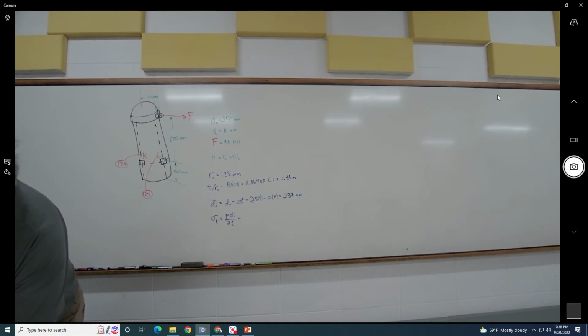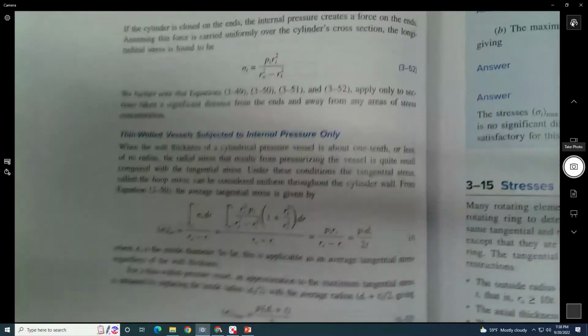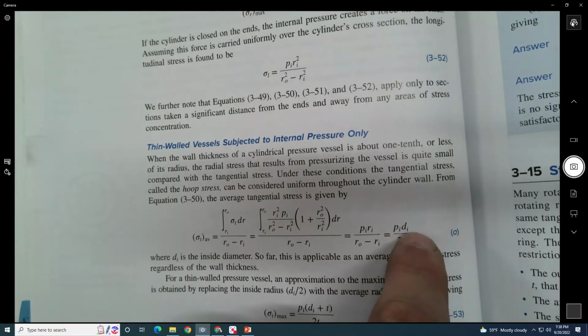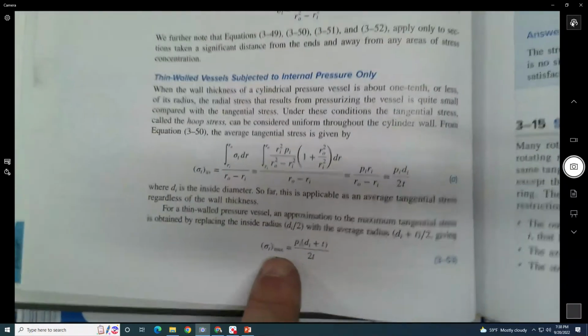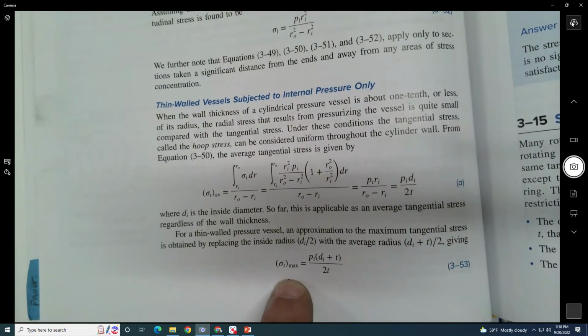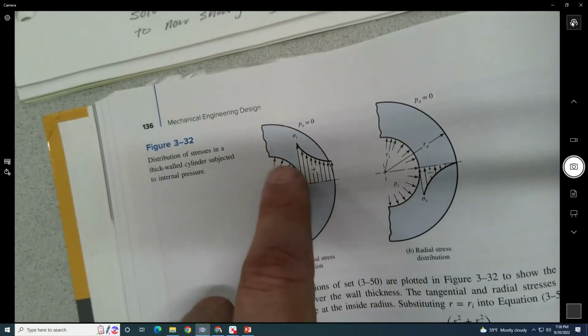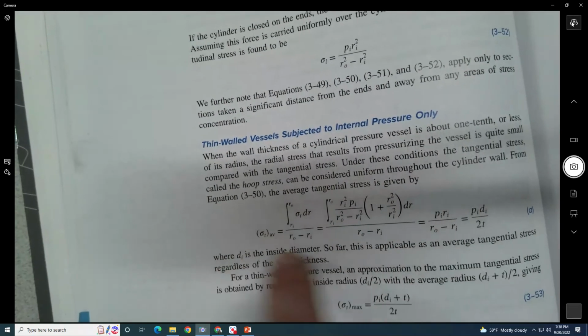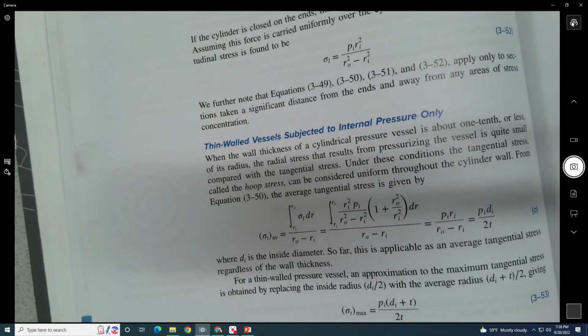You could see that the average is P times di divided by 2t, whereas the maximum occurs on the inside. So we're just going to use the average one. So one doesn't exist for just the outside? Nope.